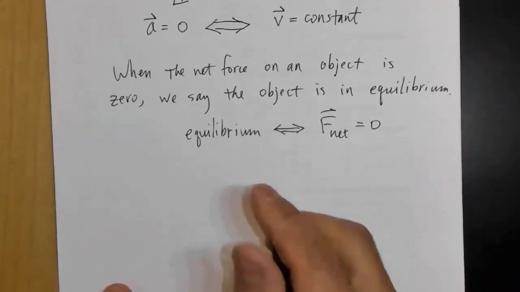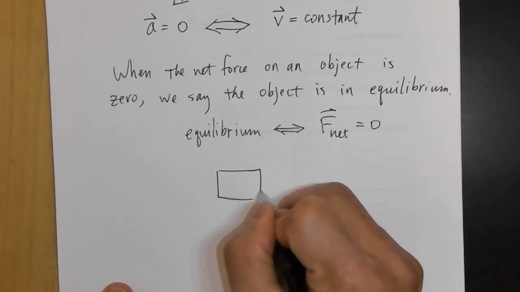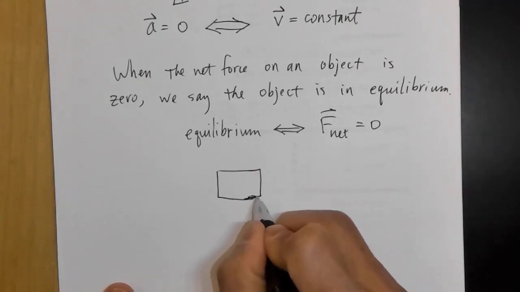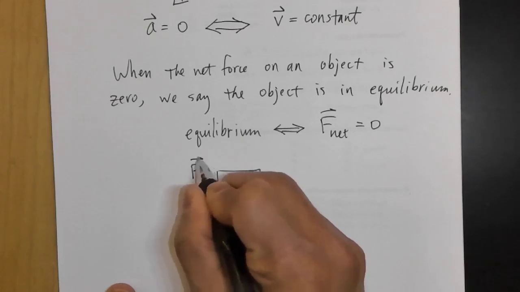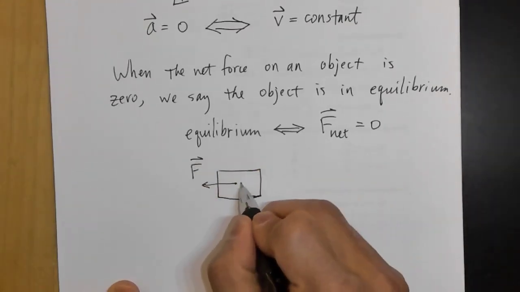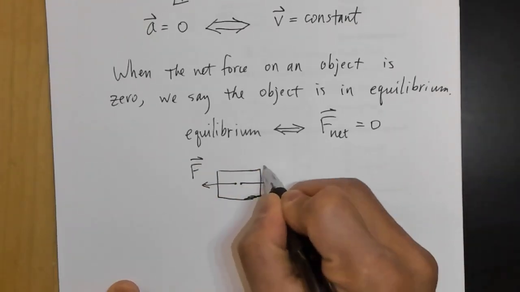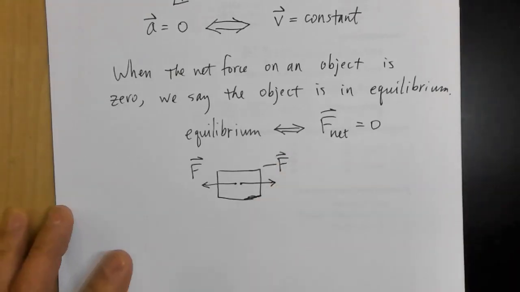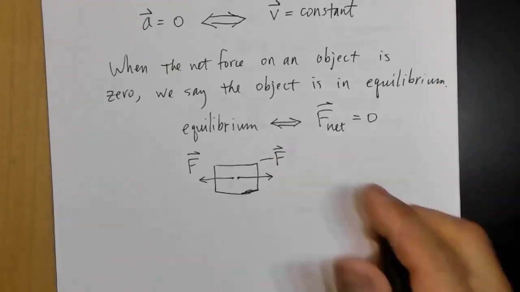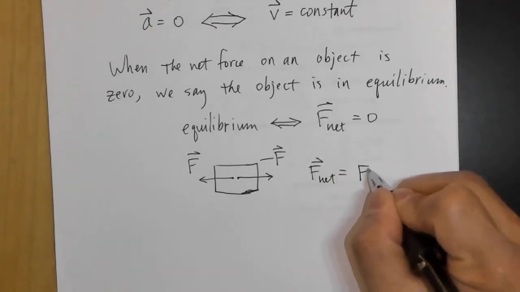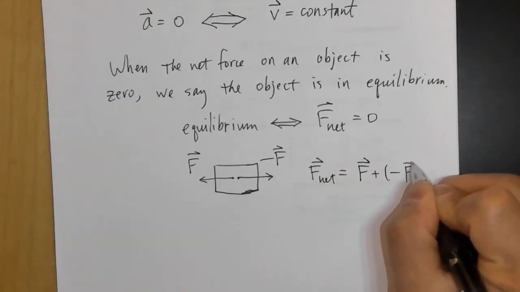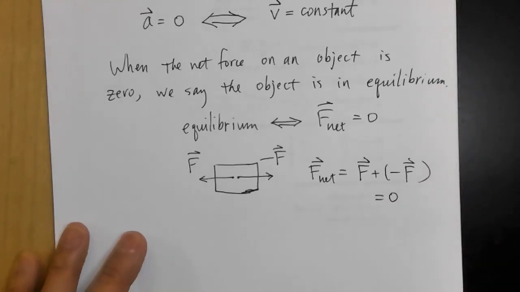Very simple example. Suppose we have a little block of mass, and let's suppose that there's a force acting like this. Okay, but there's another force acting on this object, and it's in the negative direction with the same magnitude. Then the net force on this block will be F plus negative F, and that will cancel out to 0.